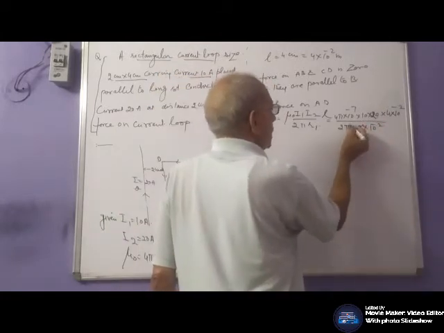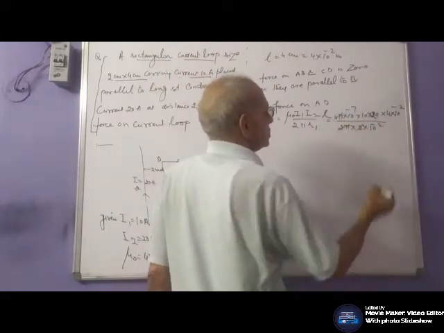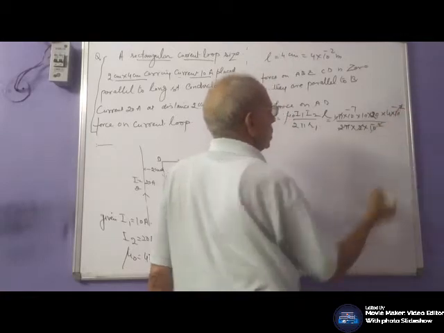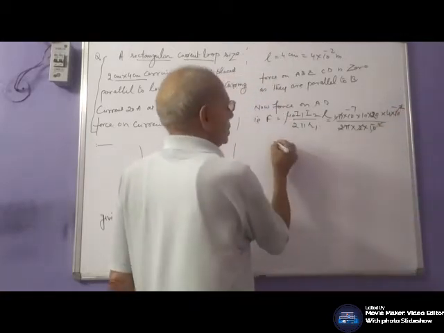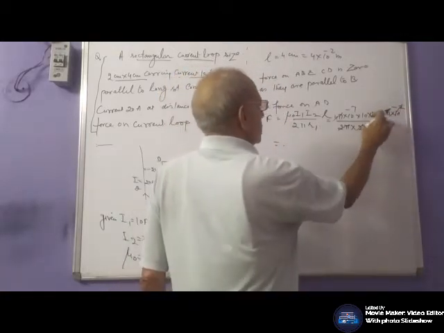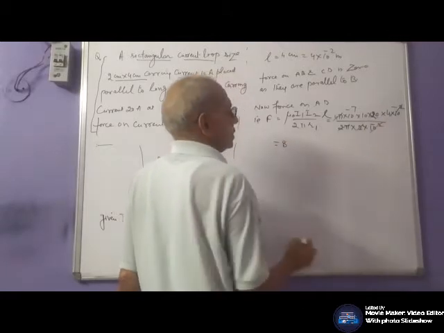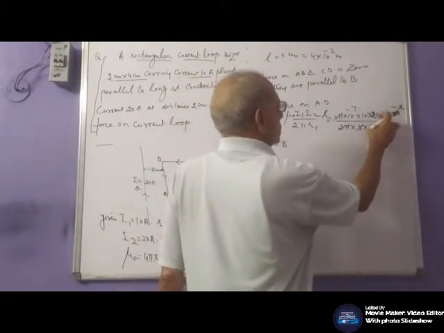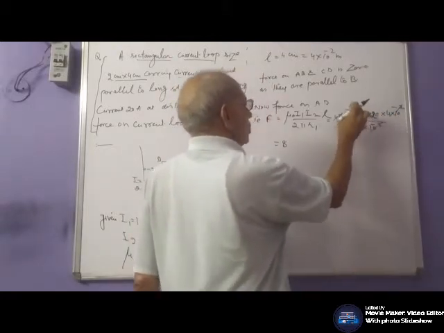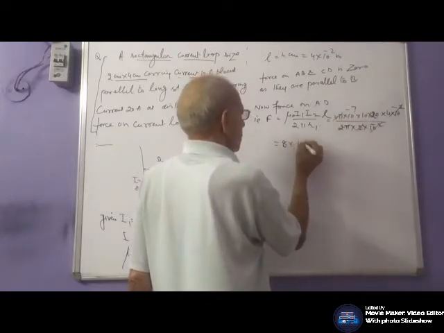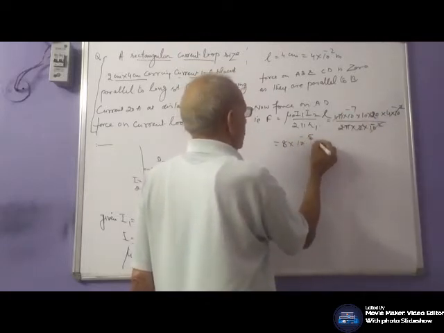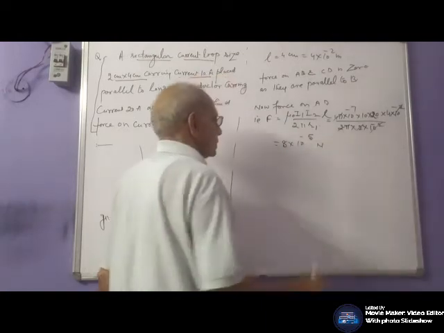So 4 pi, minus 2, it is 8 times 10 to the power minus 5 Newton.